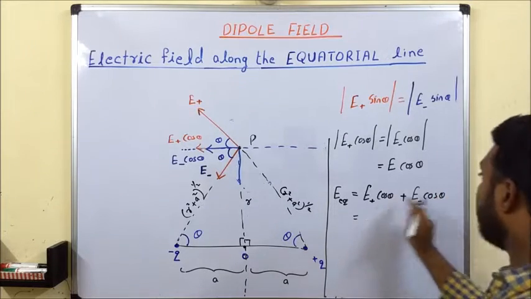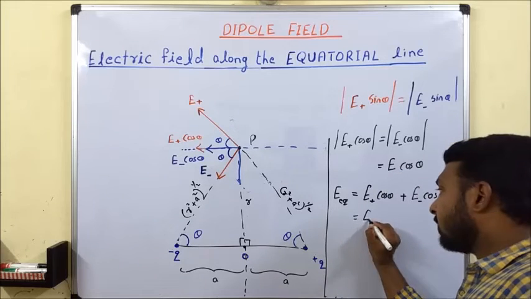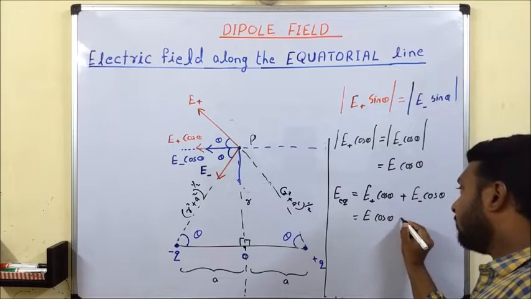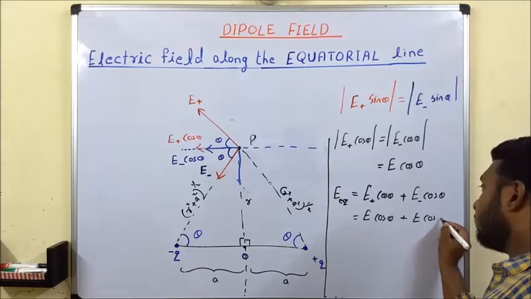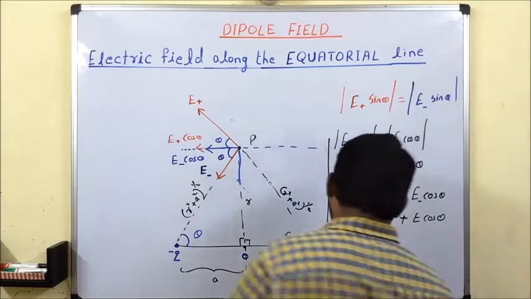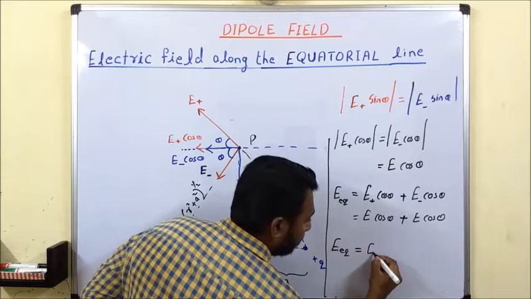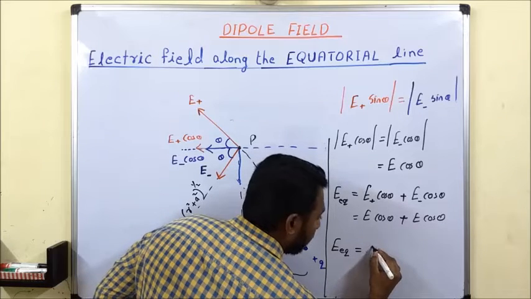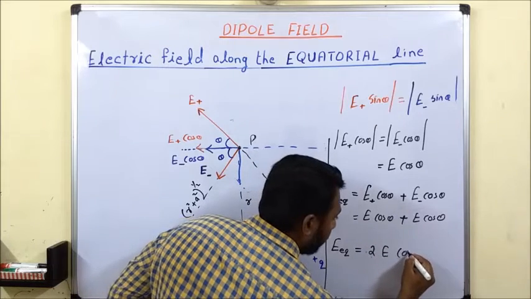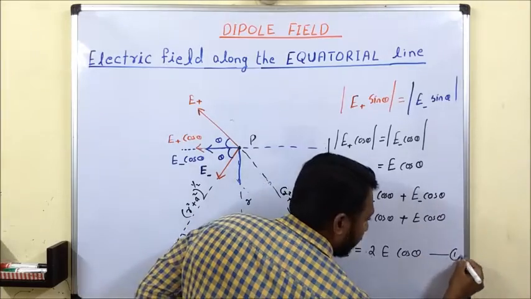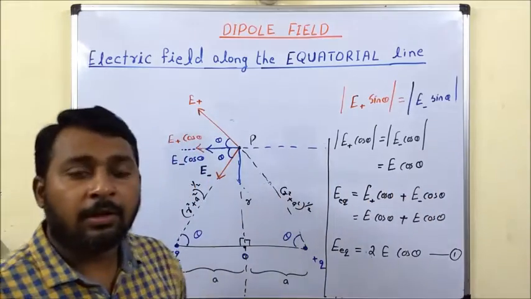Anyway, their values are the same, that is E cos theta plus E cos theta. Or finally, I can write E equatorial is equal to 2E cos theta. So this is equation number 1. Got it?